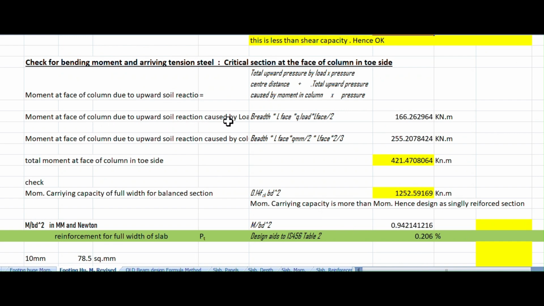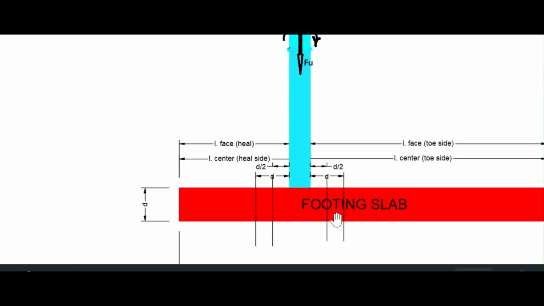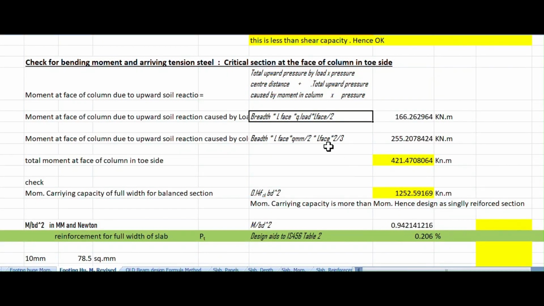Moment at the face due to upward soil pressure caused by load only: breadth and length, L face, the total length from column face to the end on the toe side, into Q load.